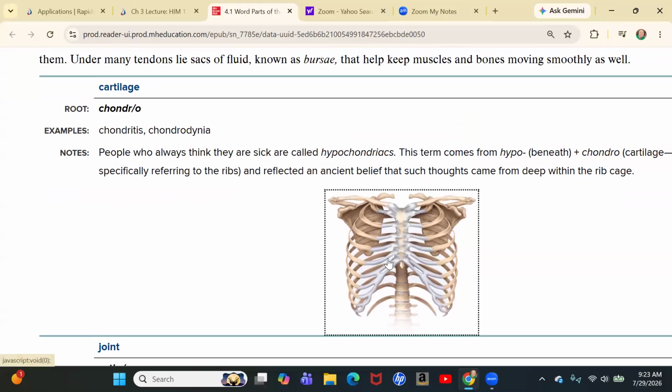Cartilage is the material that helps to protect the bones and helps attach them together, and also acts as a shock absorber in a way. So the combining form for cartilage is chondro. Chondrodynia, pain in the cartilage.